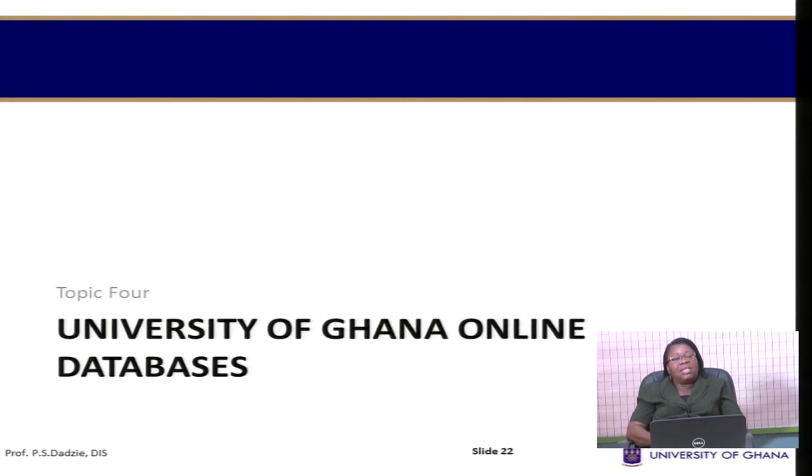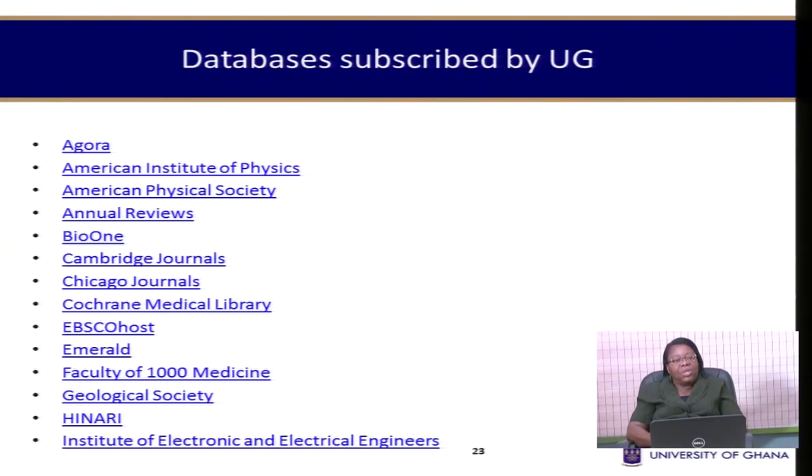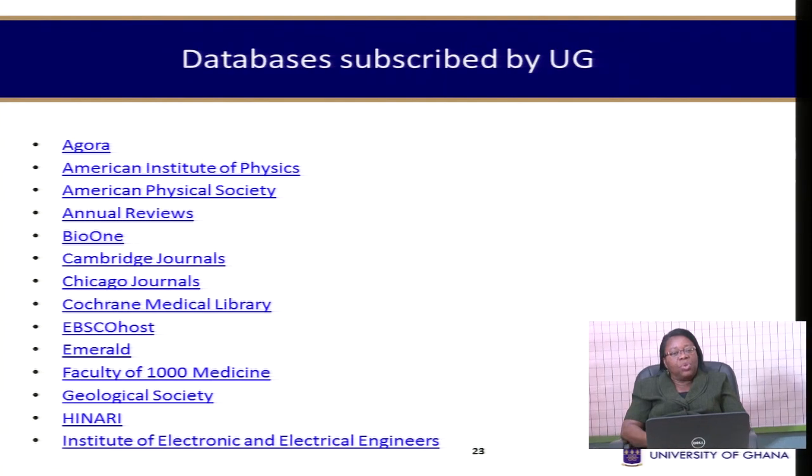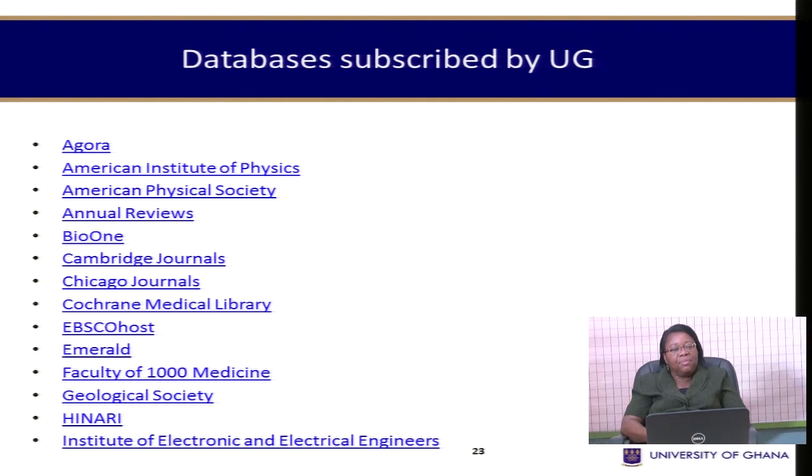So let's look at a few examples of the University of Ghana online databases. We have all this list. Agora, we subscribe to Agora, American Institute of Physics, and BioOne, and all of them there. Now, if you're on campus, you do not need any password to be able to access these databases.